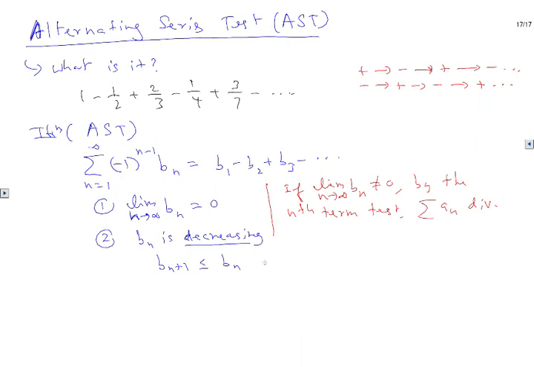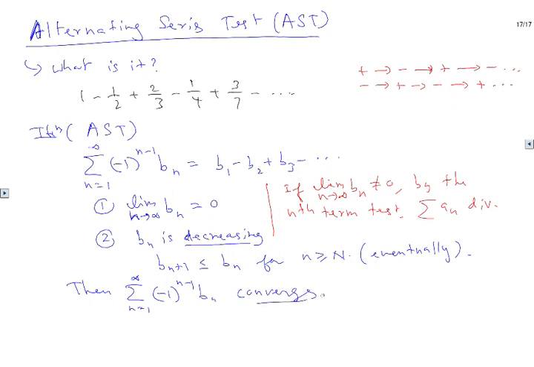That's the best way to write it, because we don't need it starting from the beginning. After some n, it should be decreasing. Then the series sigma n from 1 to infinity of (-1)^(n-1) b_n converges.